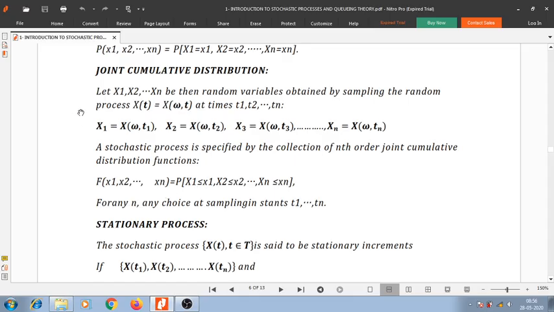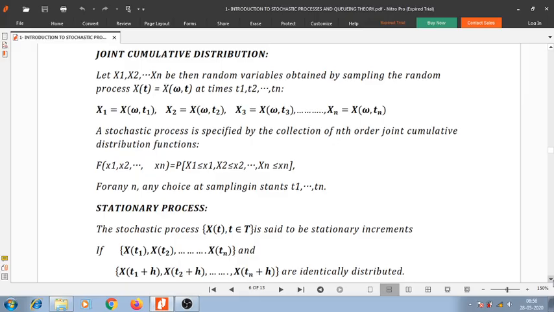What about the capital letters X1, X2, etc.? Here we define them. What about the small letters? The small x1, x2, xn are nothing but the realizations of the stochastic process. Whatever we discussed in random variables is extended to the stochastic process. Are you okay? Right.